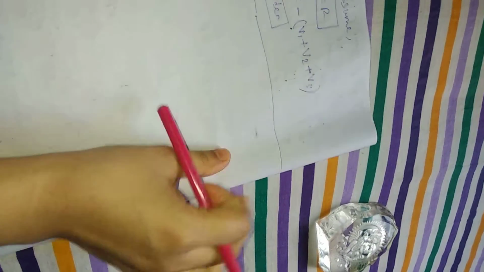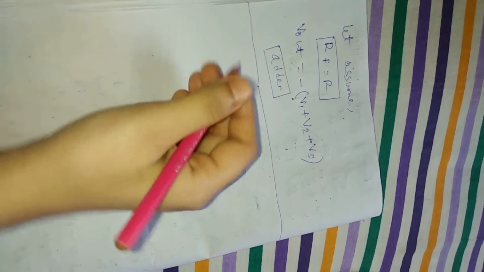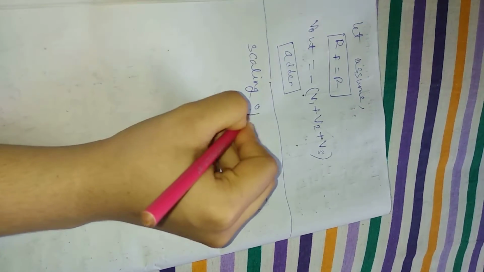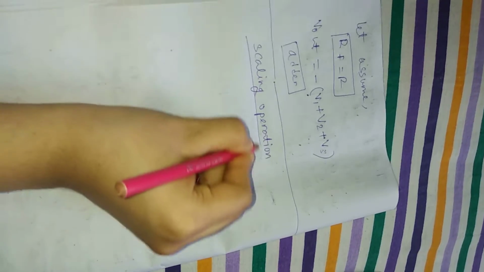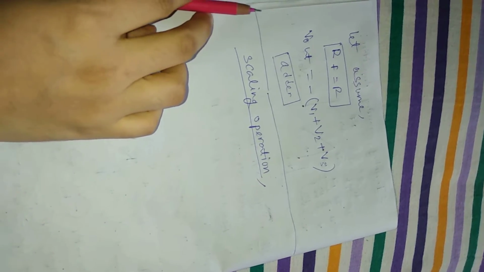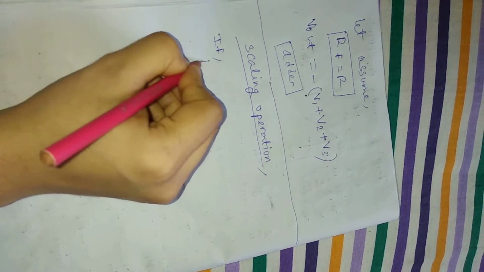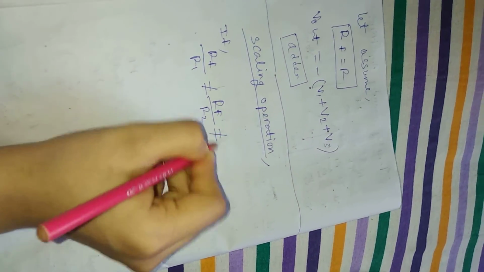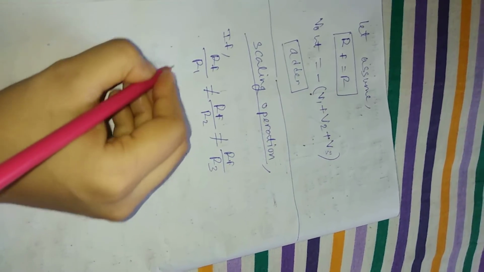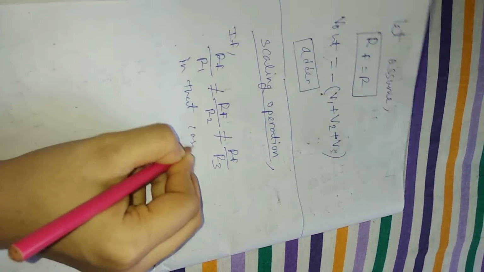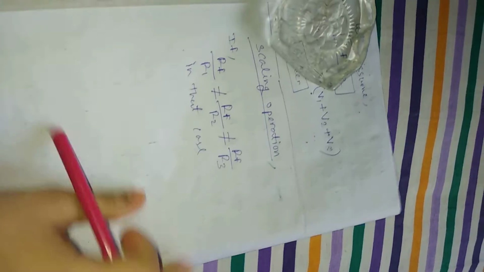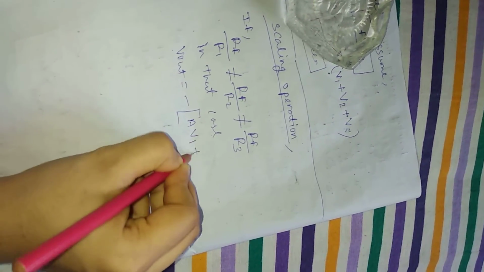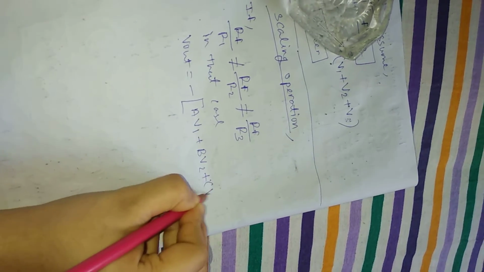Now I will say that the inverting summing amplifier is also used for a scaling operation. How? Let's discuss it. If RF by R1 is not equal to RF by R2, which is not equal to RF by R3, in that case V out is equal to minus (A V1 plus B V2 plus C V3).